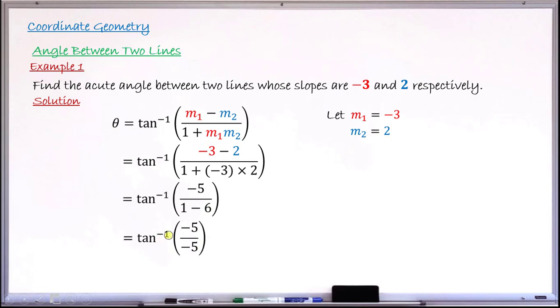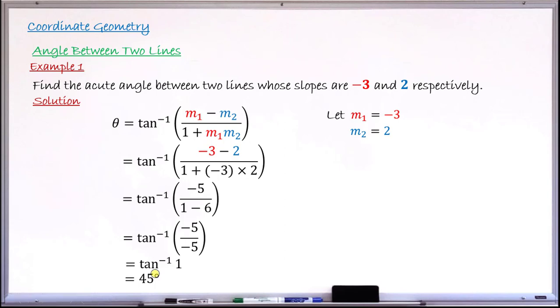So you have tan inverse of -5 over -5. -5 divided by -5 simply gives you positive 1. So we are now finding tan inverse of 1. If you use your calculator correctly, you get 45 degrees. So the angle between these two lines is 45 degrees.